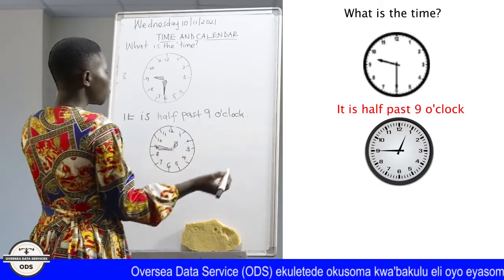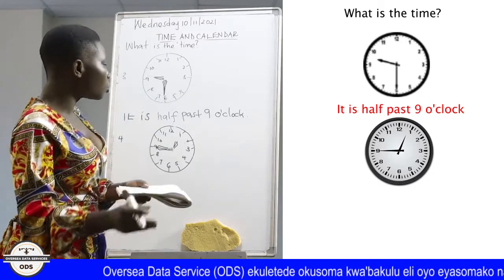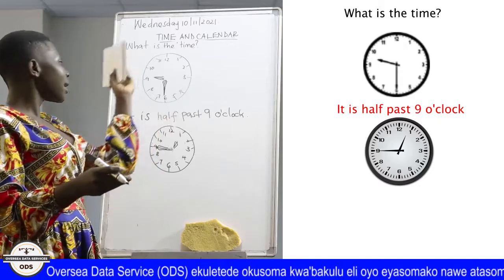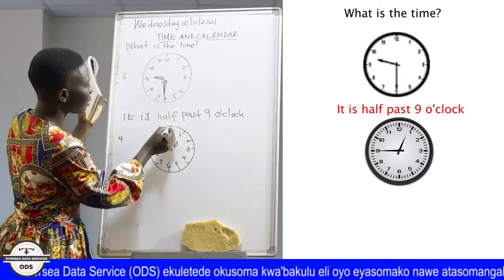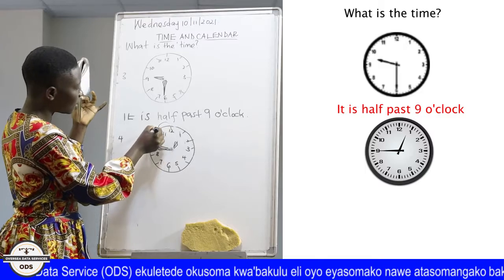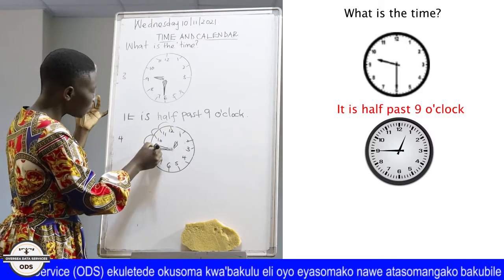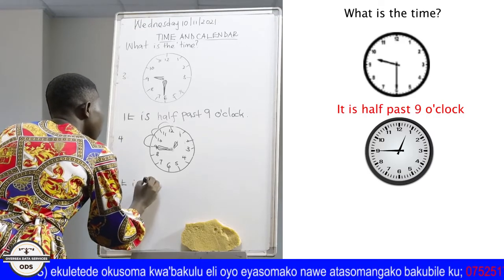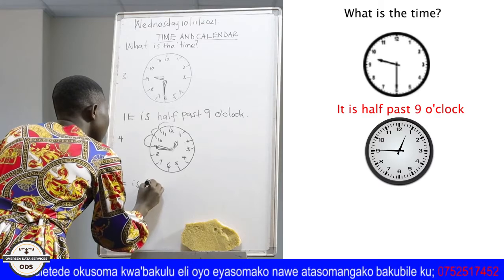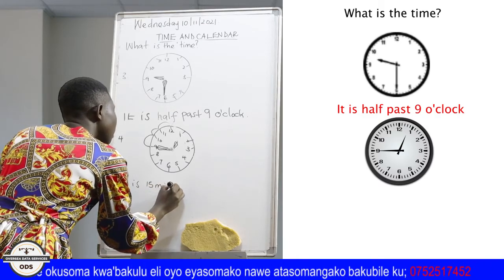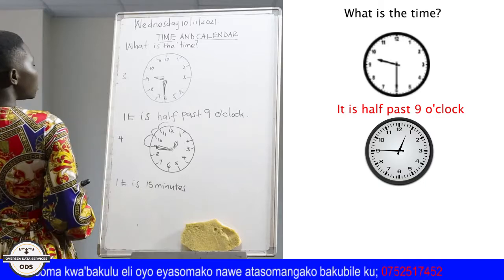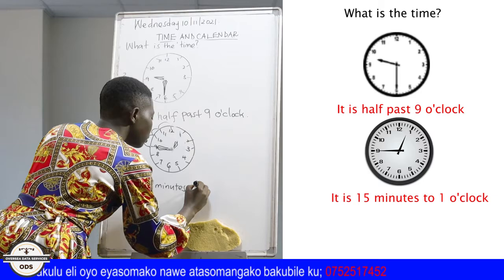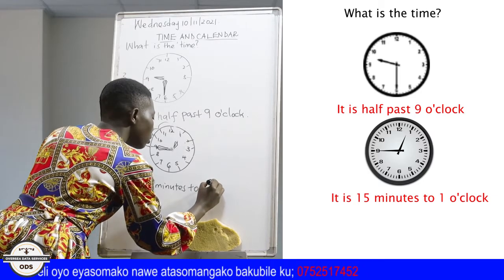When you're counting minutes for to, you count anti-clockwise, like this. This is 5, 10, 15. You can say it is 15 minutes to 1 o'clock.